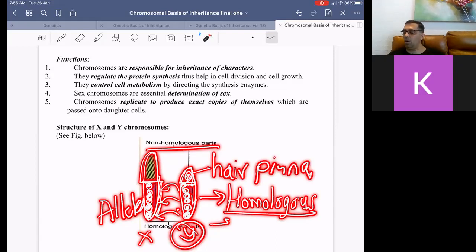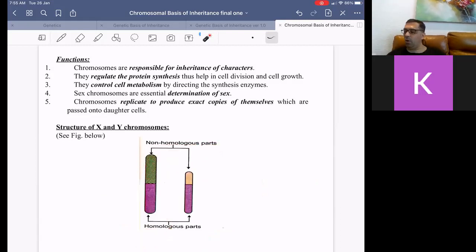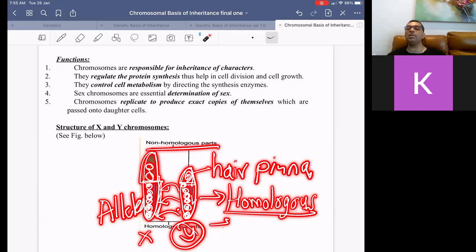And on non-homologous part of X chromosome, you have gene for vitreous humor. Gene for rhodopsin, which is the pigment found in the rods of your eyes.